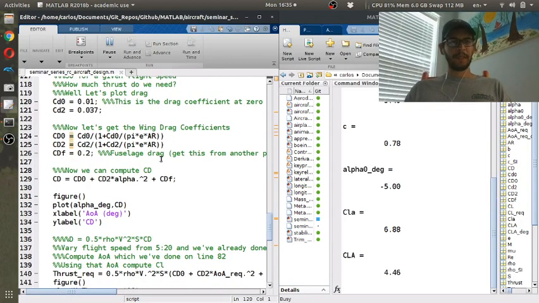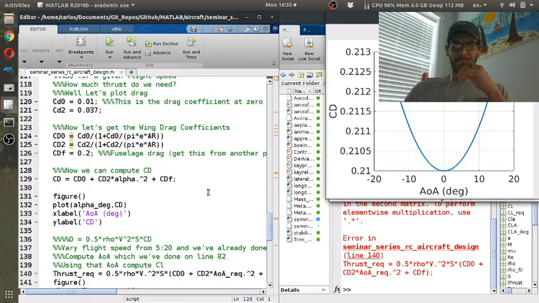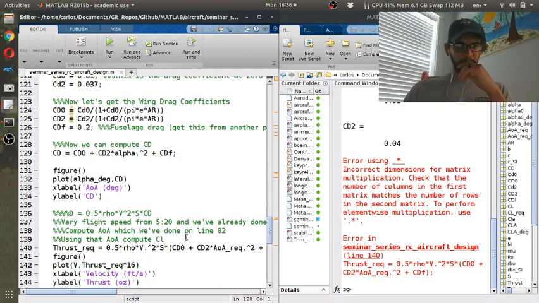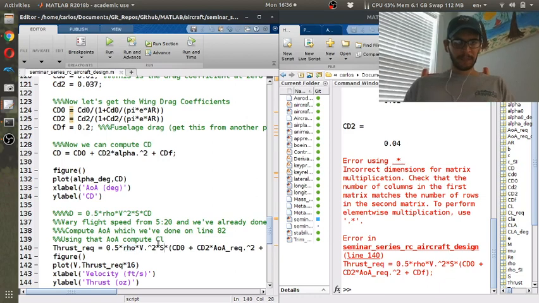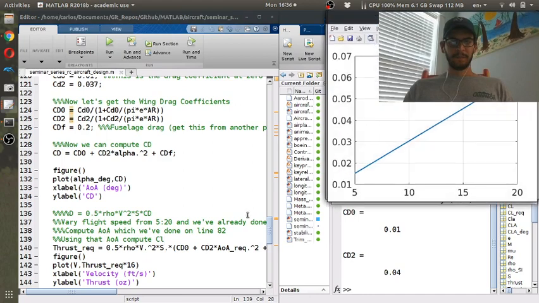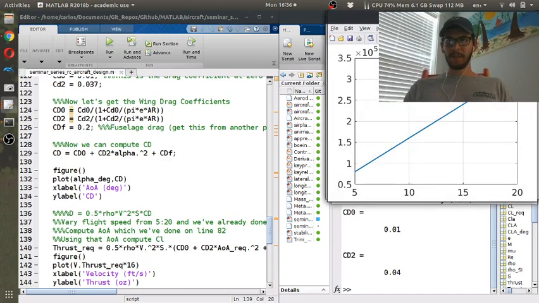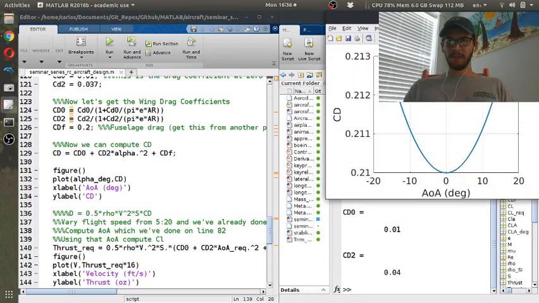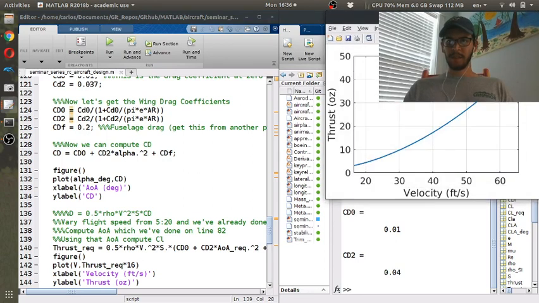Okay, that's why I was making a blank plot. Line 140, it was this one. Oh, it's because V is a vector and angle of attack required is a vector, so I have to use the dot times operator. Okay, let's see, figure 1, 2, 3, 4, 5, 6. And there we go.